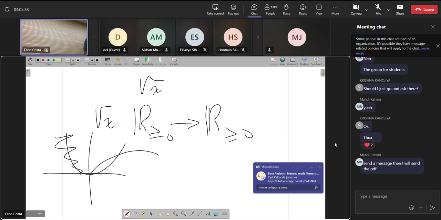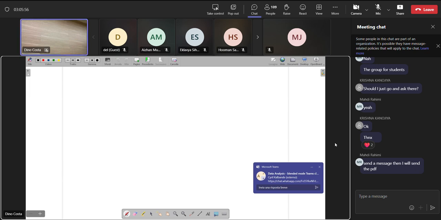So, okay, this is the function. As I told you, a function that is both injective and surjective, what we obtain is a bijective function.